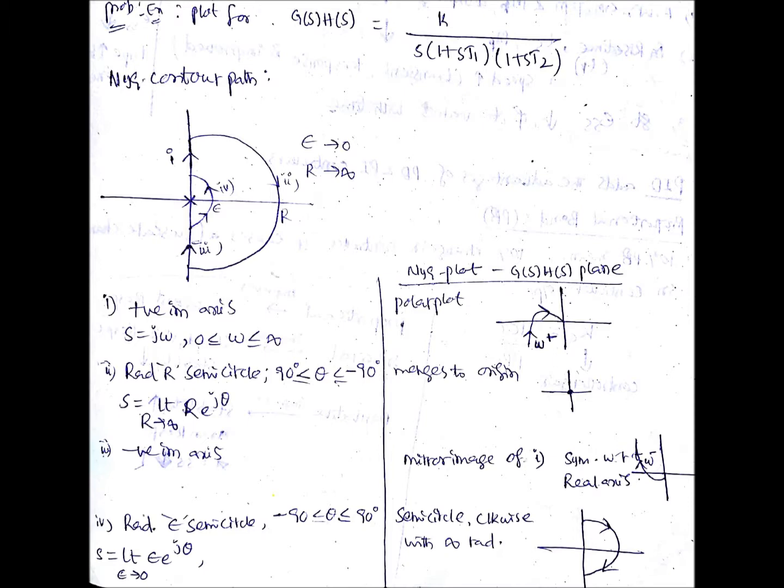So what happens to the value of s in that case? s equals limit R tends to infinity of capital R e power j theta, that is sigma plus j omega represented in polar form.